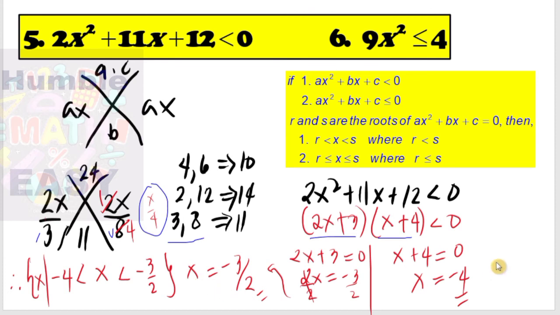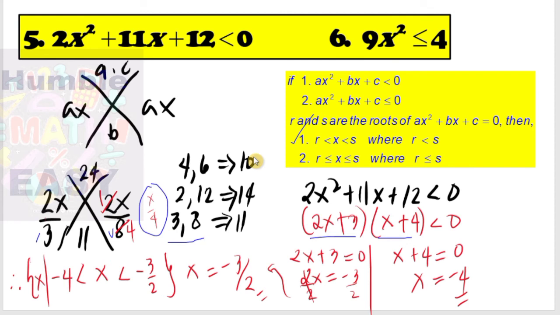On the other factor, we have x plus 4 equals 0. Transpose the plus 4 to the other side, and x is equal to negative 4. As we arrange these, the lesser value is negative 4, and the bigger value is negative 3 over 2. Since the given for number 5 is less than 0, we have the values in between.